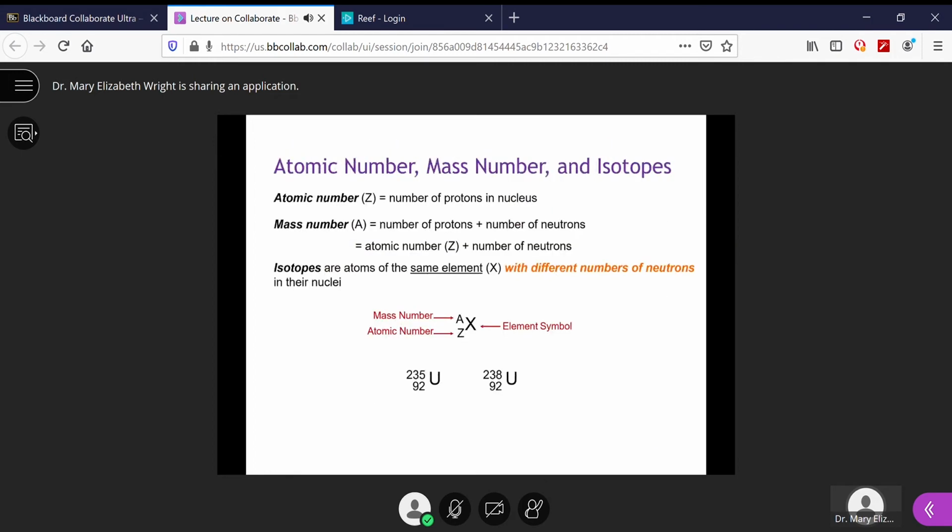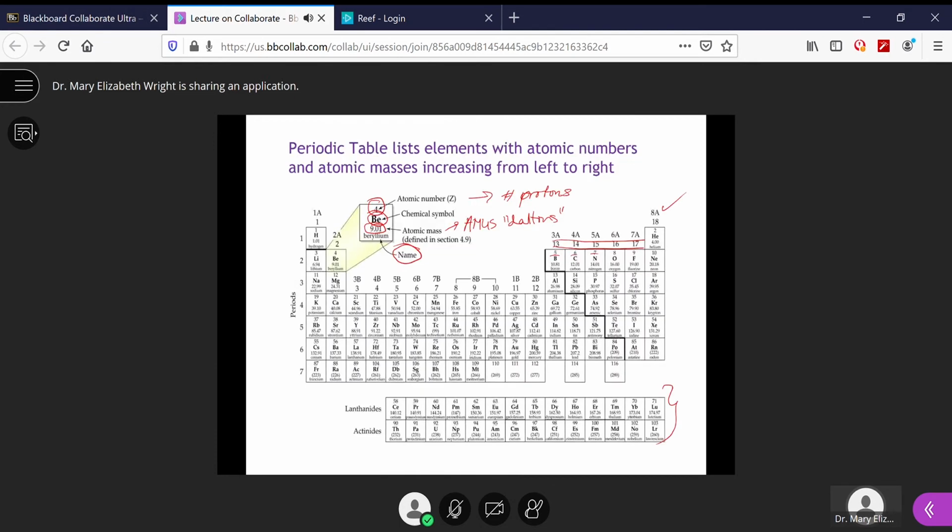What's next? Well, we just said the atomic number defines the number of protons. So if we want to know the number of protons present in palladium, we just go here and say, okay, 46 protons.